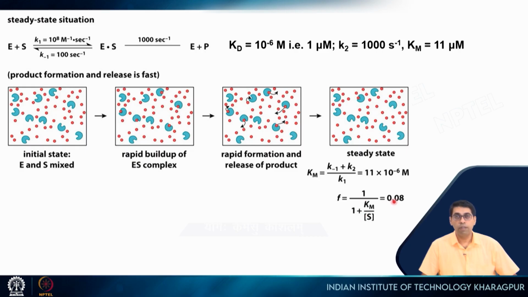So 1 by 12, which is roughly 0.08, or at any given point of time, only 8% of the enzyme will be bound to the substrate. So there is a steady state where the enzyme is binding to the substrate and then rapidly getting converted to the product, and the concentration of the enzyme-substrate complex is around 8%. So this is our steady state condition.